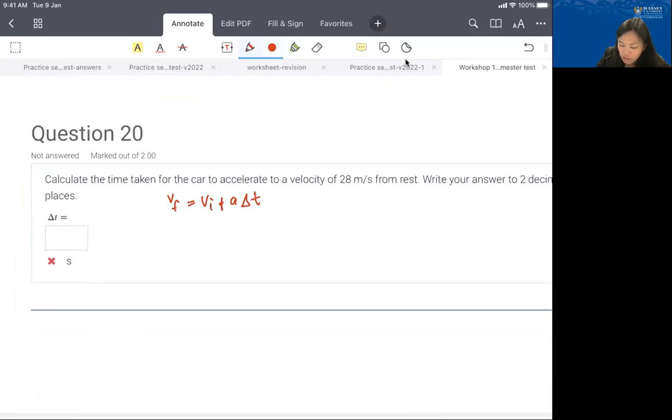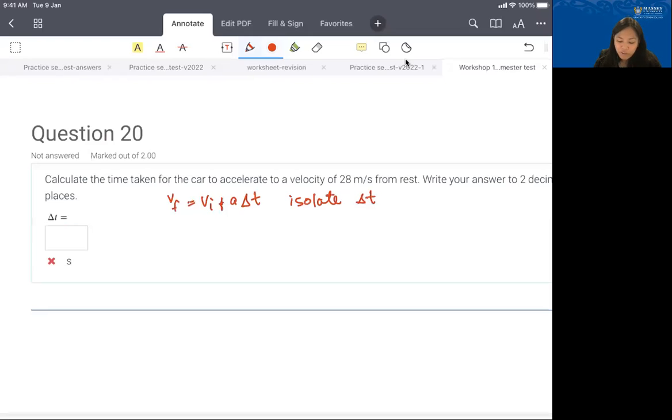We want to isolate delta t. One tip I was giving my students in previous years is, if you want to practice your rearranging, and if you have time, you can rearrange your kinematic equations to isolate all the variables.